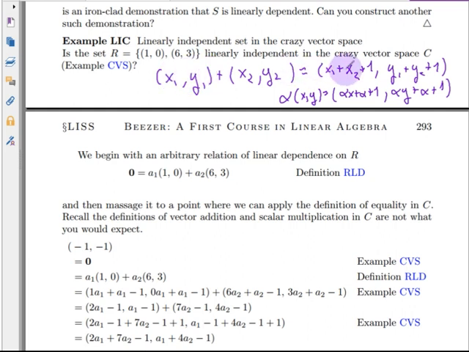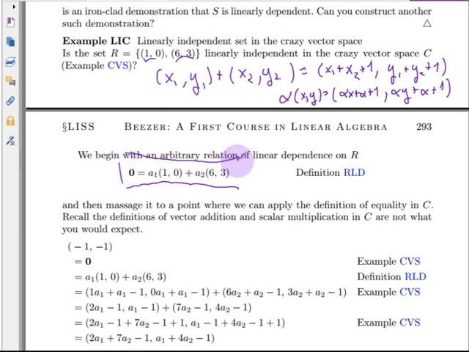So here I've copied the operations of addition and scalar multiplication in this so-called crazy vector space, and we simply need to apply these rules. In order to determine whether or not these vectors are linearly independent in the crazy vector space, we need to see whether or not we can form a relation of linear dependence. So this is a relation of linear dependence.